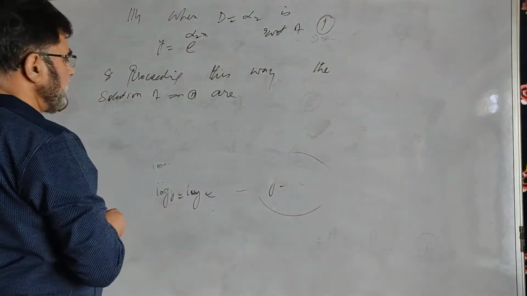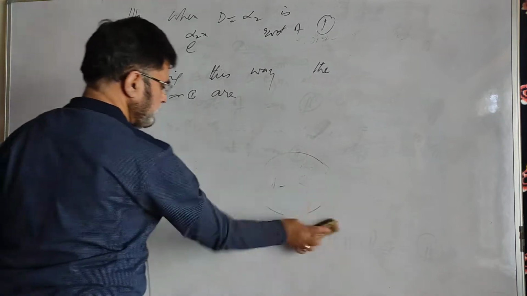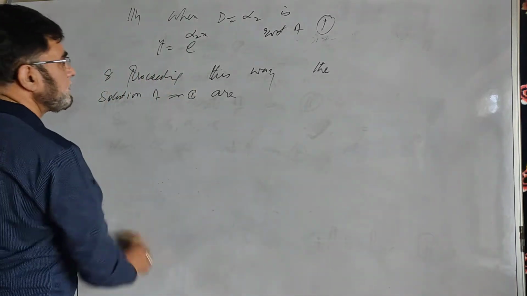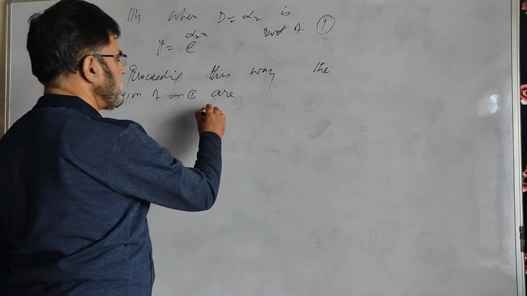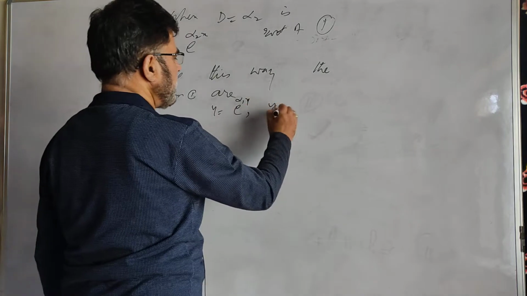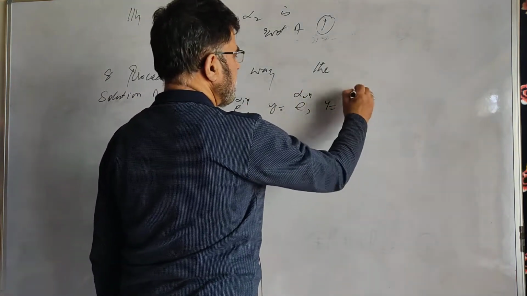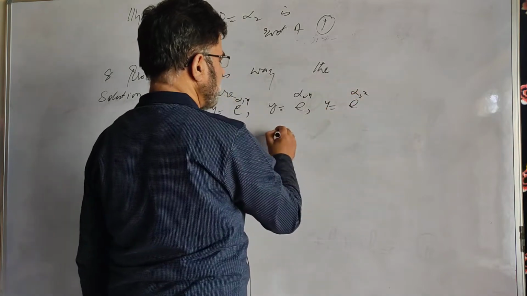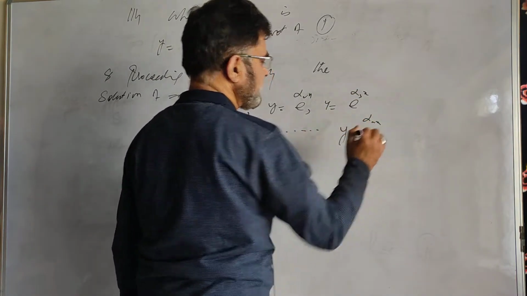The solutions of equation first are y is equal to e raised power alpha 1x, y is equal to e raised power alpha 2x, y is equal to e raised power alpha 3x, and so on, y is equal to e raised power alpha nx.